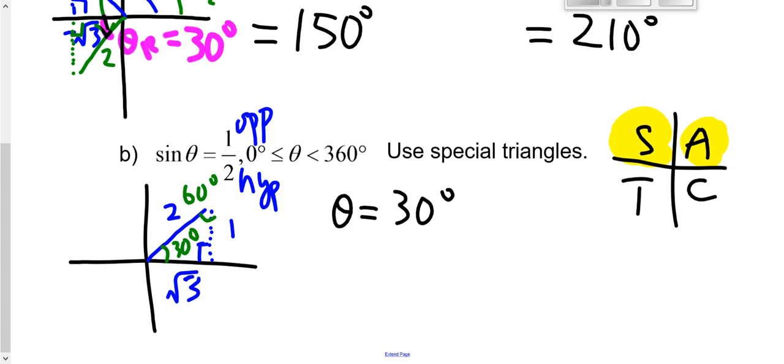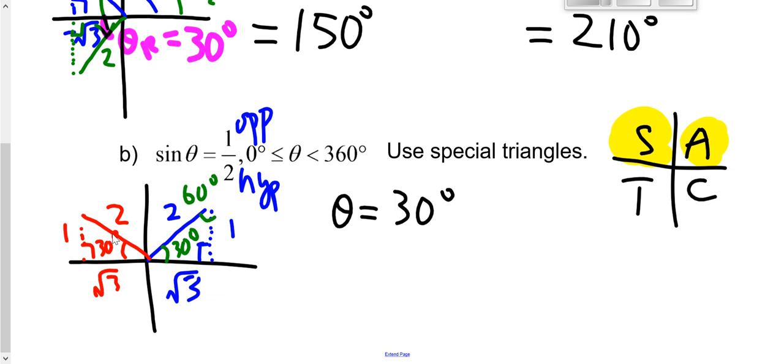So let's do this. Same thing, 2, 1, and root 3. If this is 30 degrees, that means this must be 30 degrees as well because they are mirror images of each other.